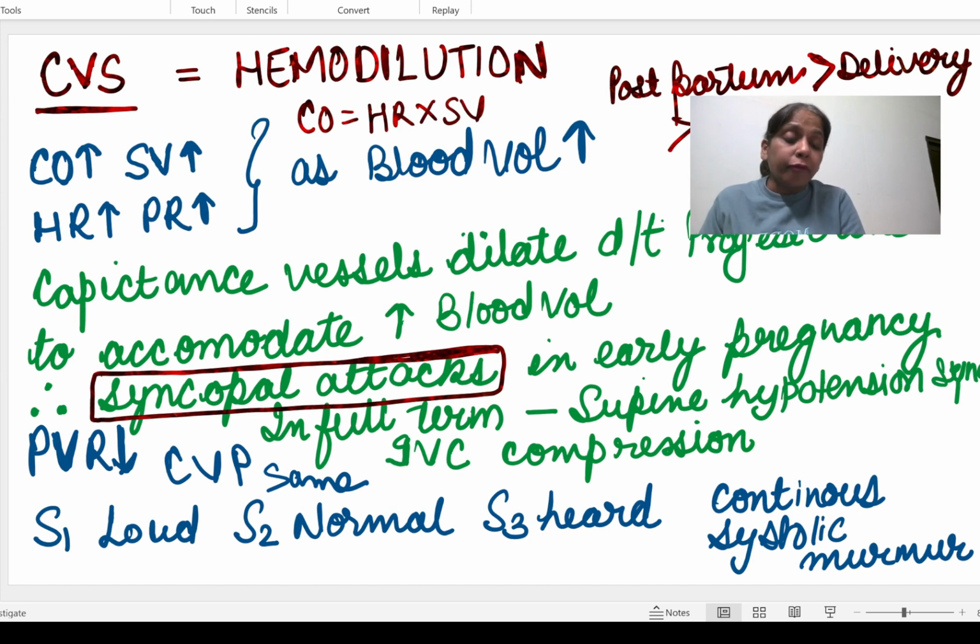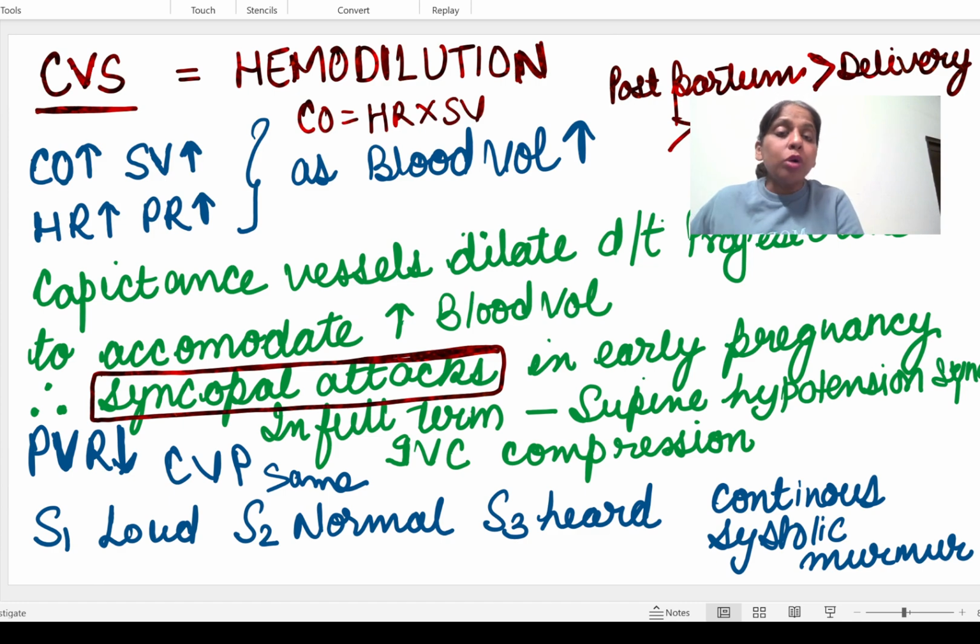The formula of cardiac output is heart rate into stroke volume. Along with the increase in the cardiac output, the heart rate also increases and the stroke volume also increases. Because the heart rate increases, there is an increase in the pulse rate also.